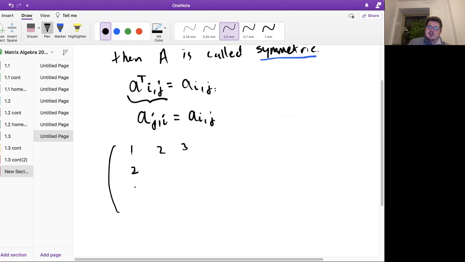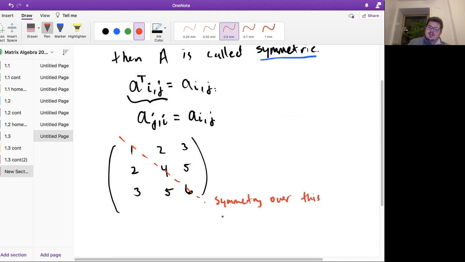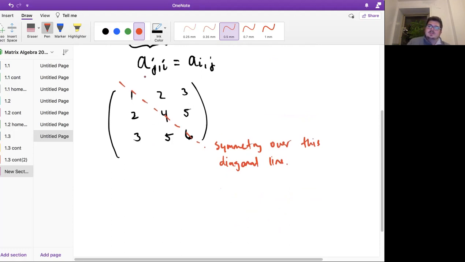Symmetry over what, you think? Yeah, you can say symmetry over the diagonal. This diagonal line. These two are the same, these two are the same, these two are the same.